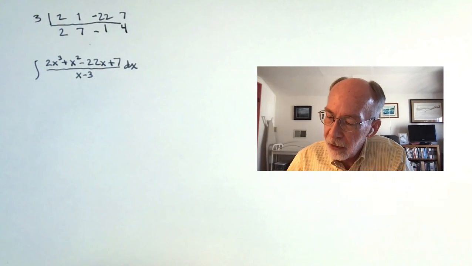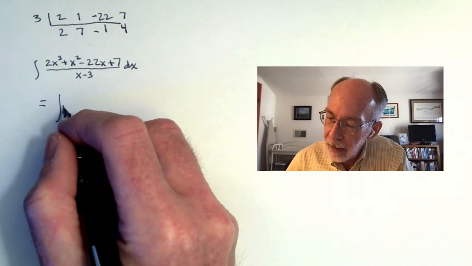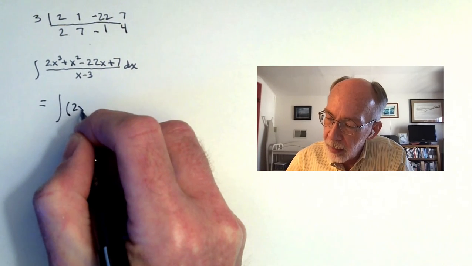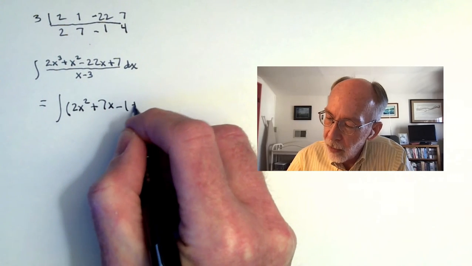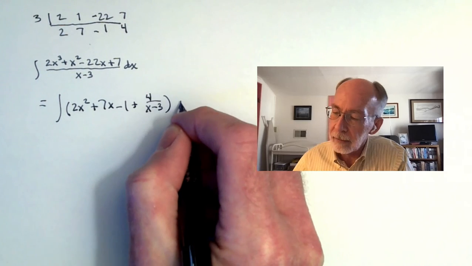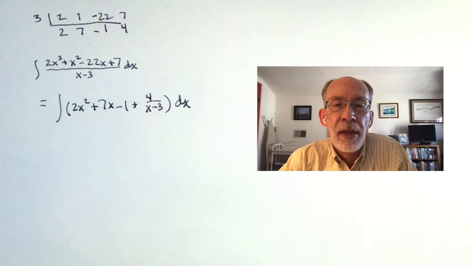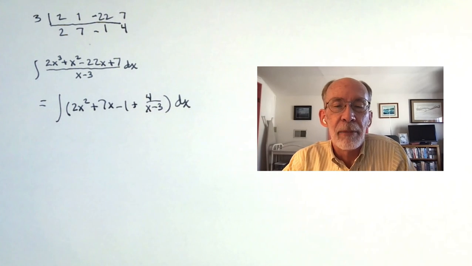And so that tells me that this is the integral of 2x squared plus 7x minus 1 plus 4 over x minus 3 dx. Now, this remainder term may or may not be easy to integrate. This one happens to be, except for that constant 4, just a natural log.